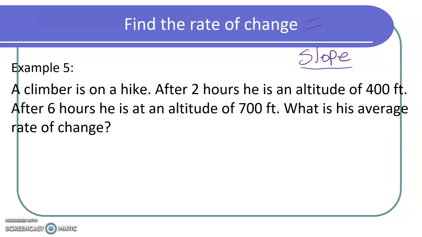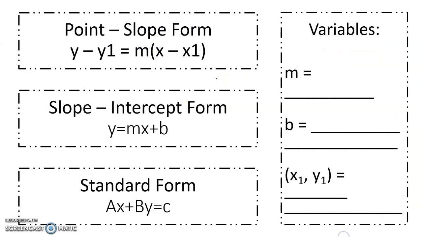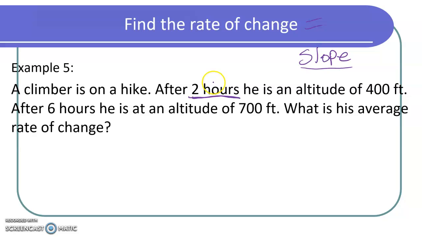Generally, if you're given time, like 2 hours, that's a measurement of time. Normally, we denote time as x. My other point for time is 6 hours, which is also going to be an x. And normally my altitude or height, we usually denote as a y.